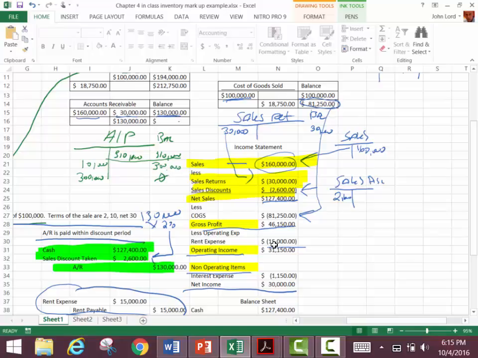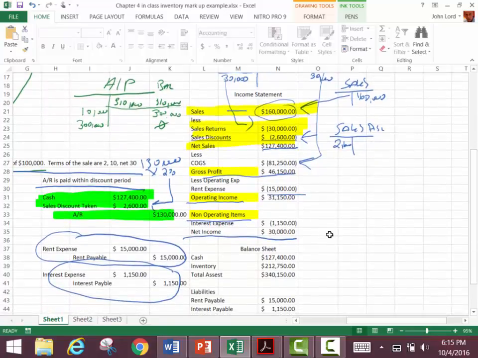We take that gross profit, and then we start subtracting our operating expenses. Operating expenses are day-to-day expenses, normal course of business. We cannot operate our business unless we pay the rent for our building, right? So we subtract that off as an operating expense. Our gross profit minus our operating expenses gives us operating income. Then we subtract off non-operating items.